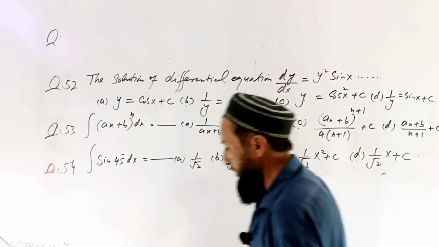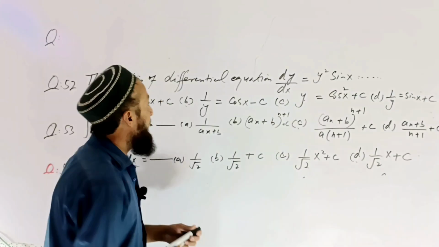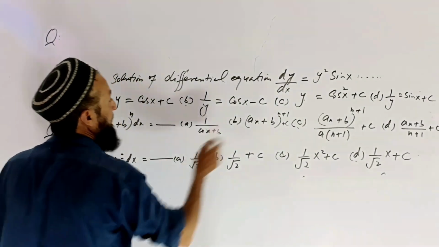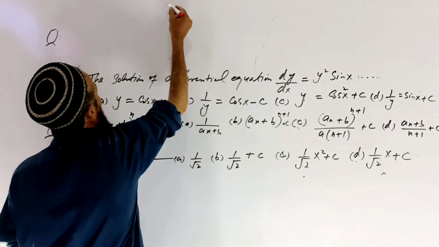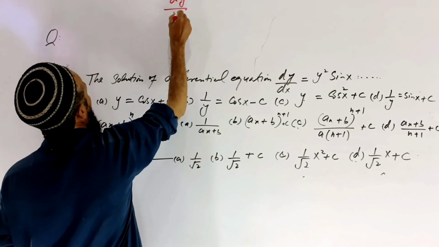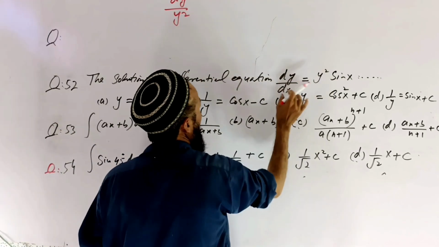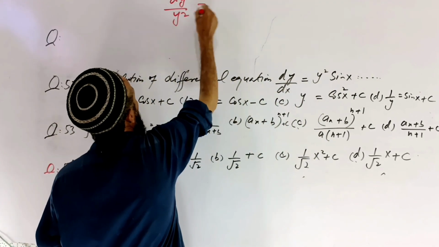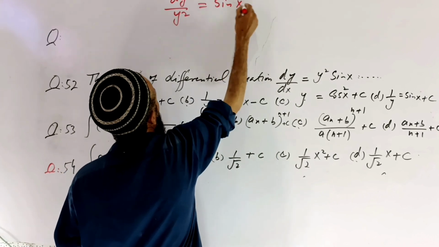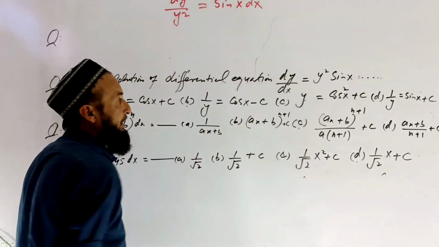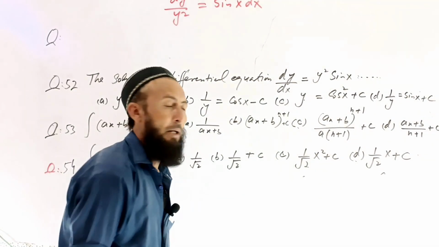Separate the variables from each other, and after that we integrate. So we separate the variables: dy divided by y square, and dx is transferred here with sin x, to separate and eliminate the variables.